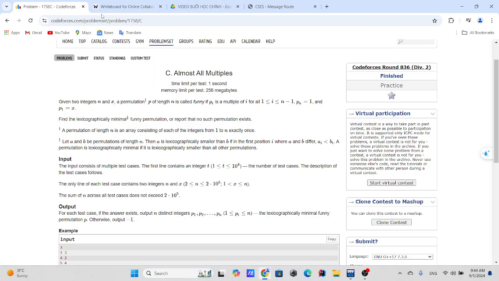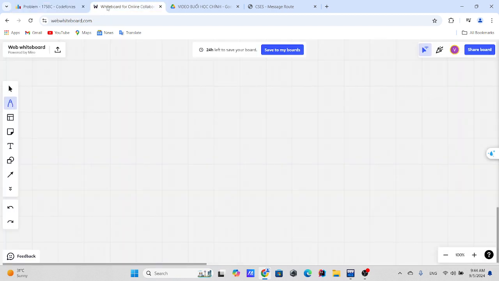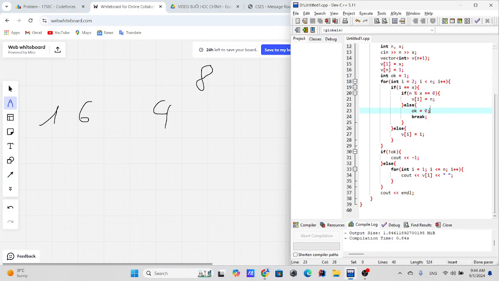Let's think about a wrong test case. How about 16, 4?